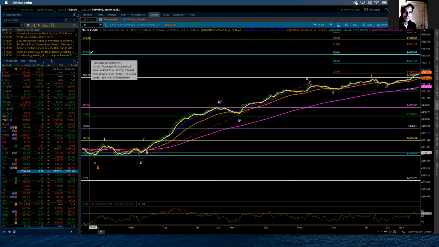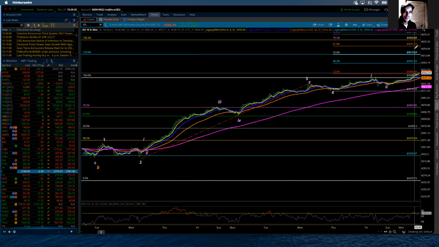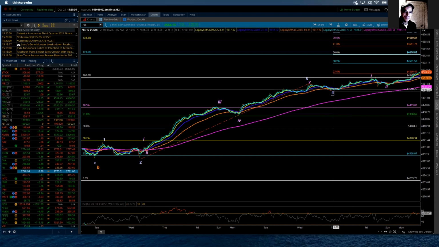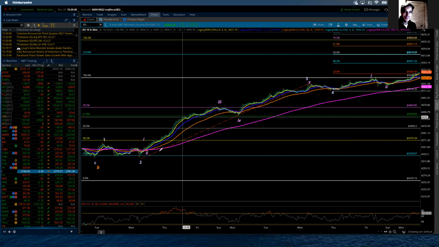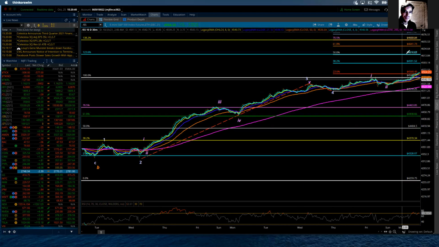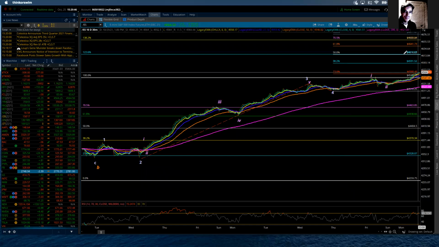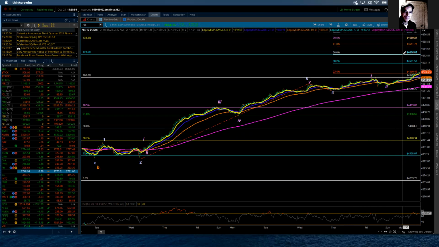But here we have 46.17, and underneath it we have the 50% for where minute 5 would be 50% of the length of minute 3, and that comes in at 46.16. So this area is a high candidate to complete this wave.